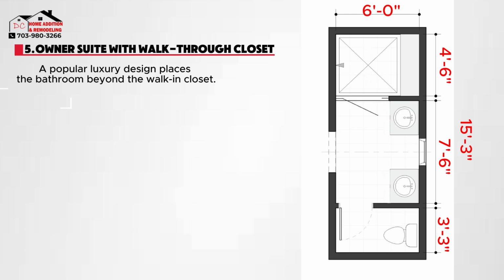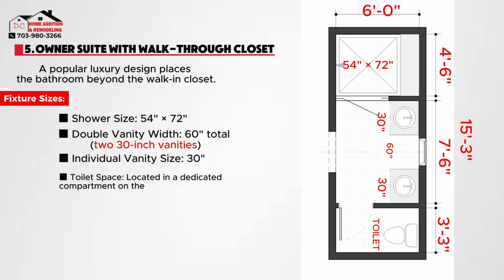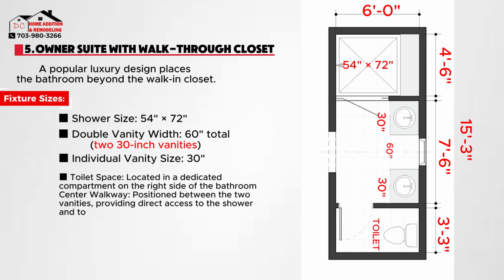Fixture sizes: shower size 54 inches by 72 inches. Double vanity width 60 inches total, 2 30-inch vanities. Individual vanity size 30 inches. Toilet space located in a dedicated compartment on the right side of the bathroom center walkway, positioned between the two vanities, providing direct access to the shower and toilet areas.